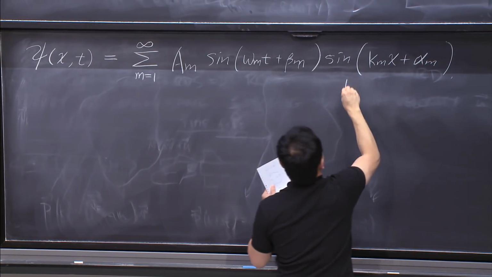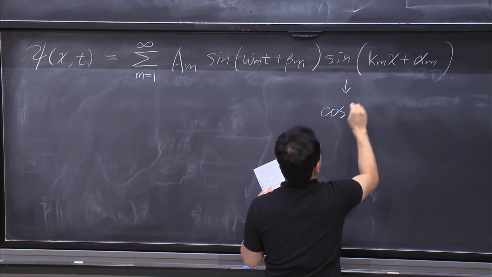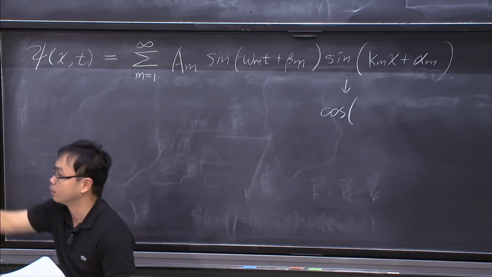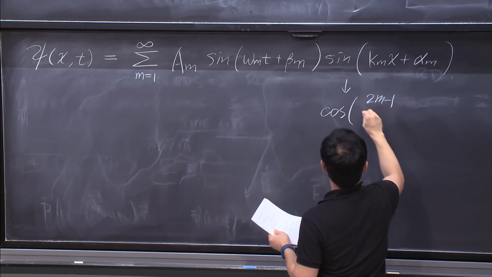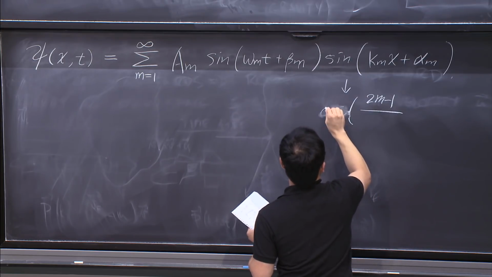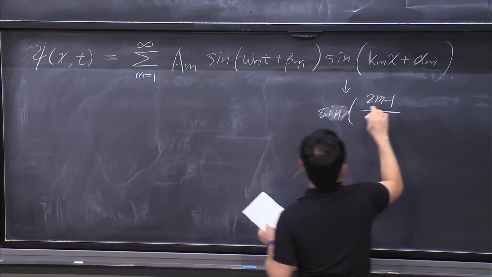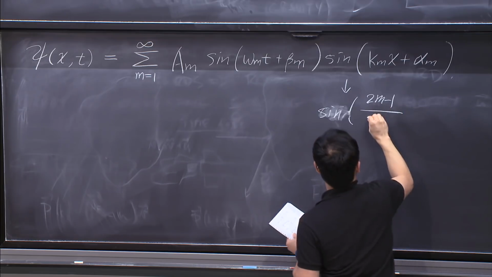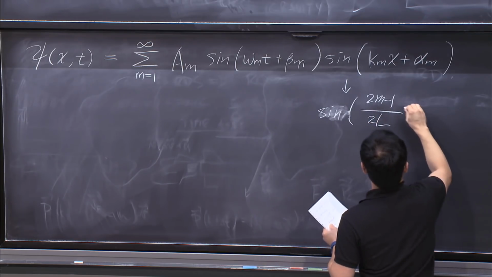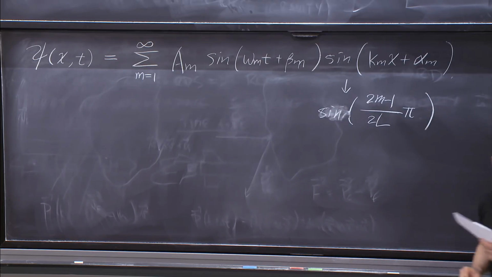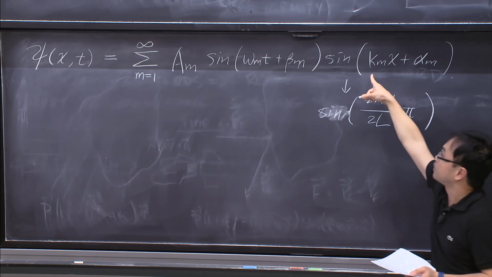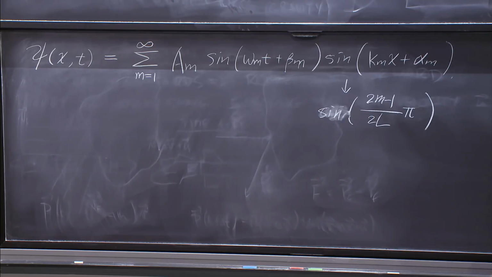And in this specific case, it becomes cosine. The k_m is there, right? Cosine (2m minus 1)... oh, sorry, it should be sine((2m minus 1)/(2L) π x), and the α_m in this case is equal to 0. So the upper formula is the most general case.